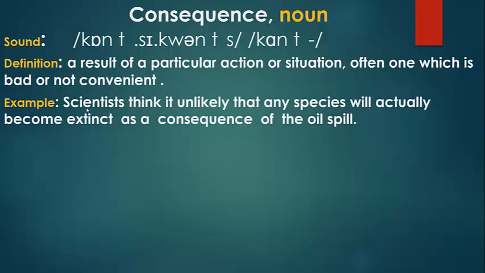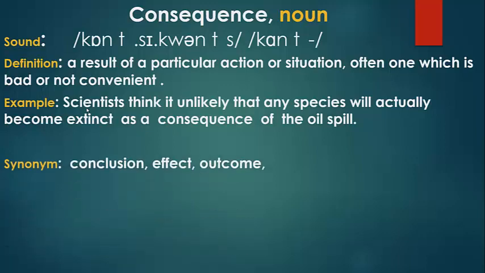Scientists think it is unlikely that any species will actually become extinct as a consequence of the oil spill. Like oils could kill animals, so they will not be available anymore in life, so they will disappear forever, like dinosaurs.